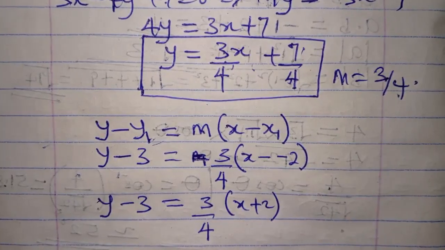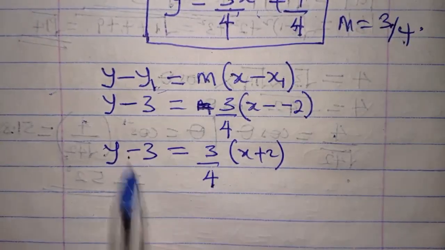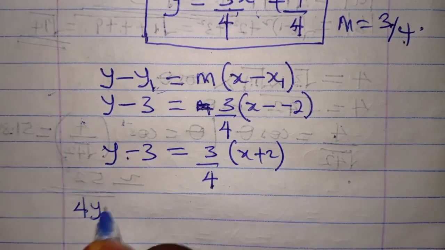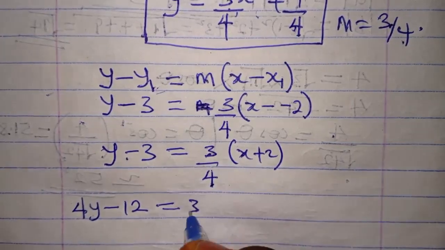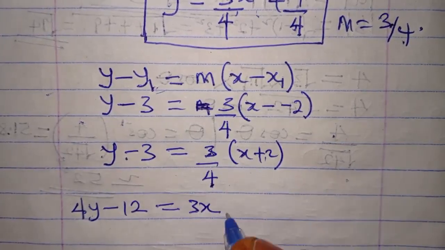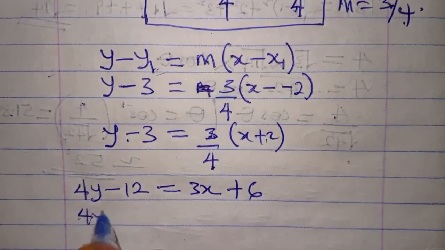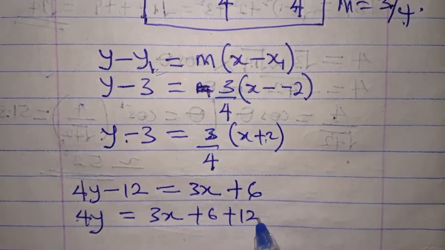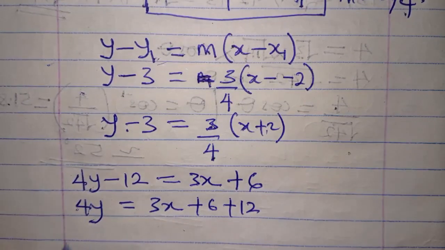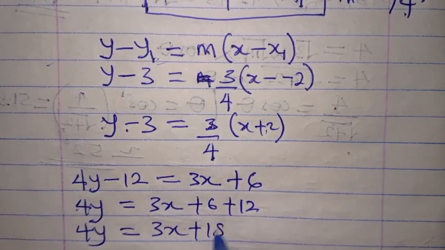If I cross multiply, we'll be having 4 times everything here. That's 4y minus 12 equal to 3 times x, 3x, 3 times 2, 6. So 4y is equal to 3x plus 6 plus 12. If we collect like terms, 4y is equal to 3x plus 18.